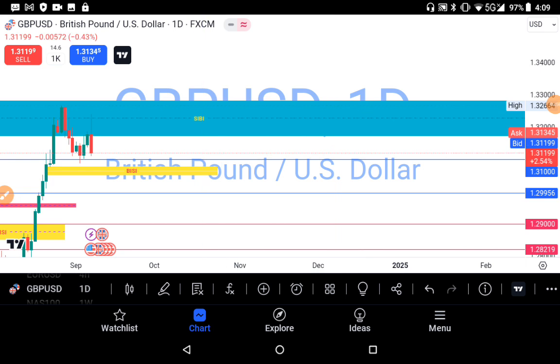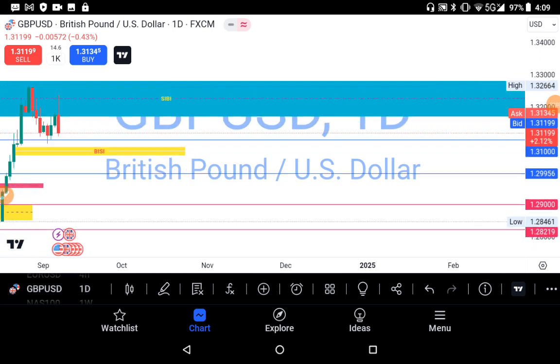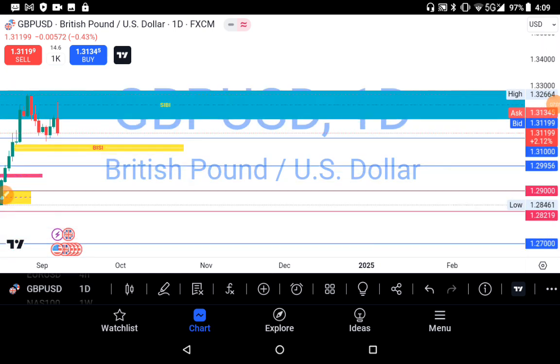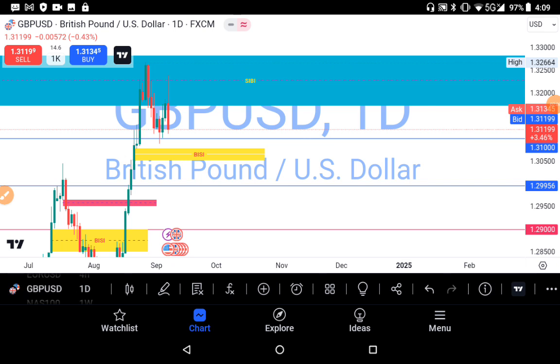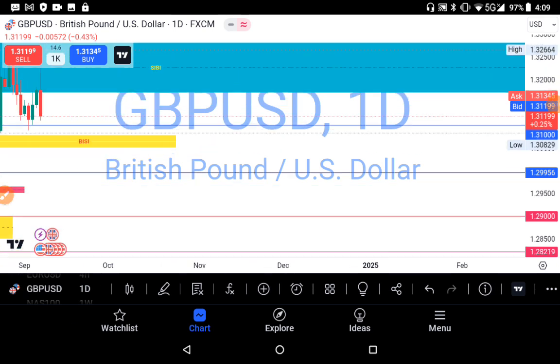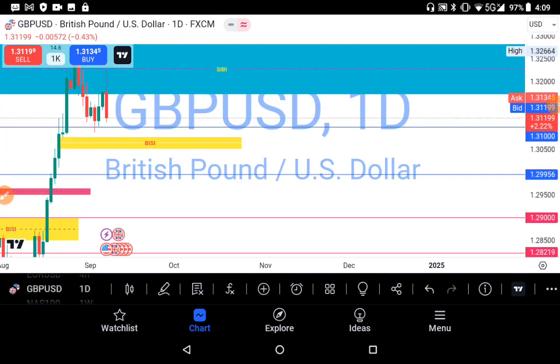So it depends on what the market does. But personally, I'll be interested in the BC being delivered. So the coming week, I'll be expecting a movement back into 1.31,000 and into the BC.